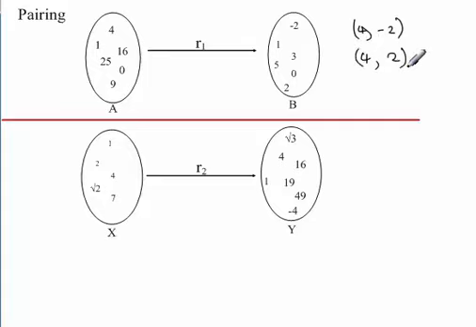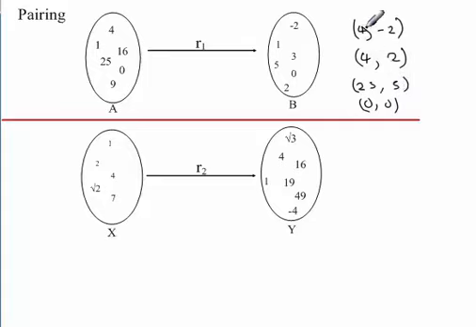In this case I'm talking about a relationship, just a relationship. Then I can go 25, comma, 5, and 0, comma, 0. Looking at these pairs, I must be able to tell whether this kind of relationship is a function or not a function altogether.